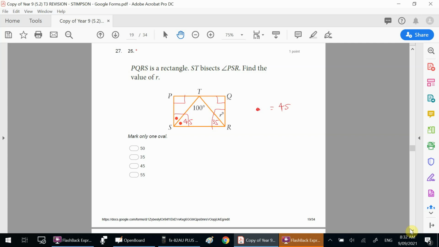And then that R plus 35 is a right angle. So R's got to be 55. 55 and 35. So again, piecing together the bits of information to get where you want, using what's there.